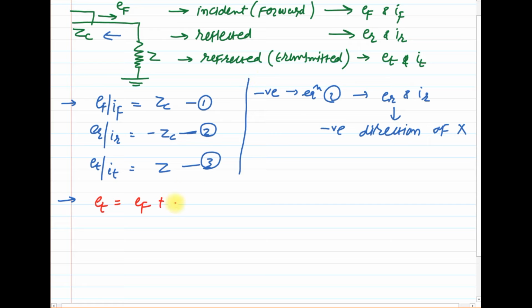Sorry, yes, I have explained wrongly. Yes, it is your reflected voltage wave. Refracted means over here it is a forward wave, then it will be transmitted through the object. That means it is refracted through the object.